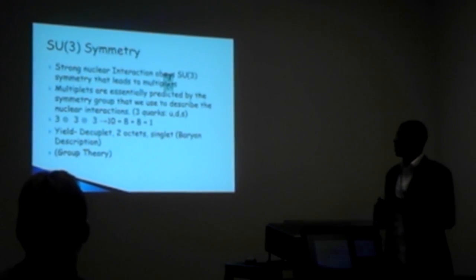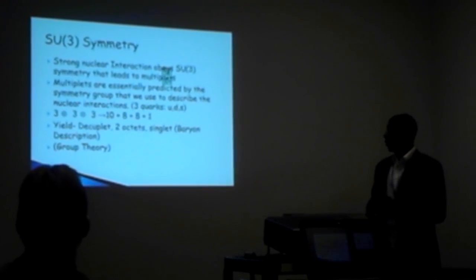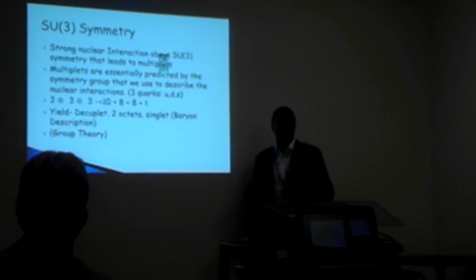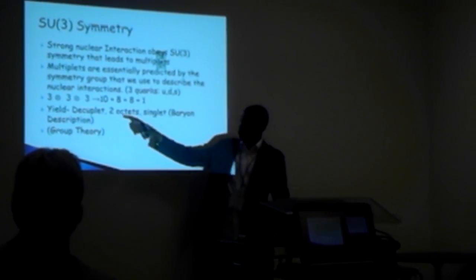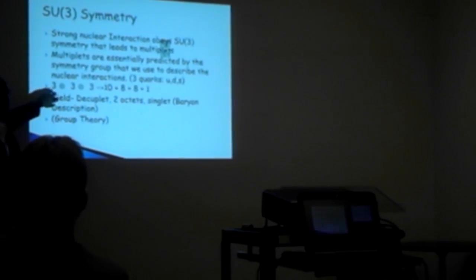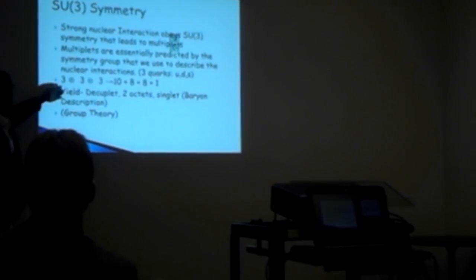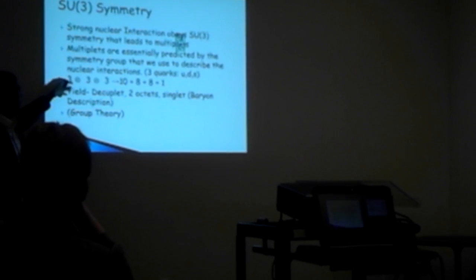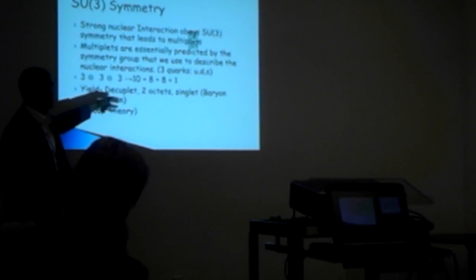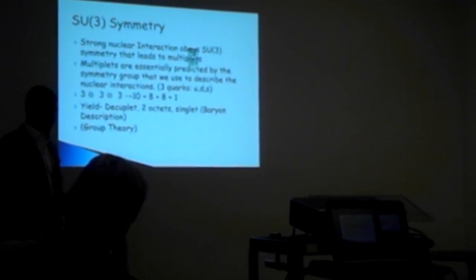The multiplets are essentially predicted by the symmetry group that we use to describe the nuclear interaction. So, for example, looking at the group theory, we have three different quarks, each of which can either be an up, a down, or a strange quark. Based off the group theory, we get a decouplet, 2 octets, and 1 singlet.